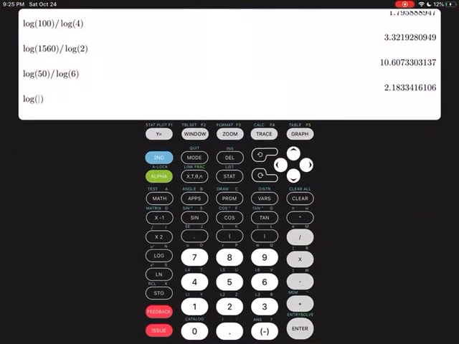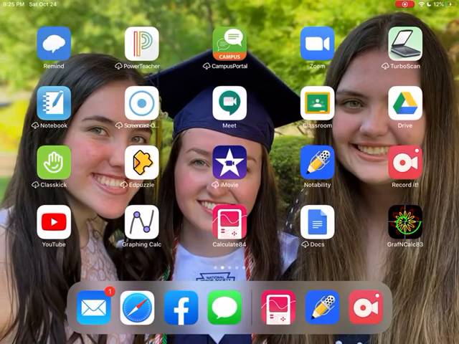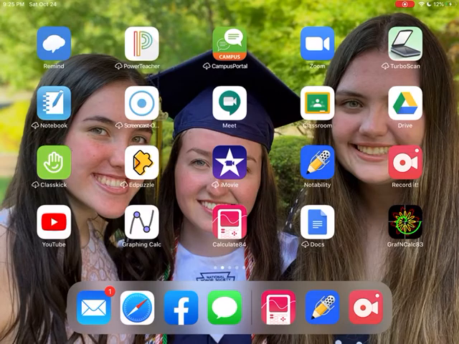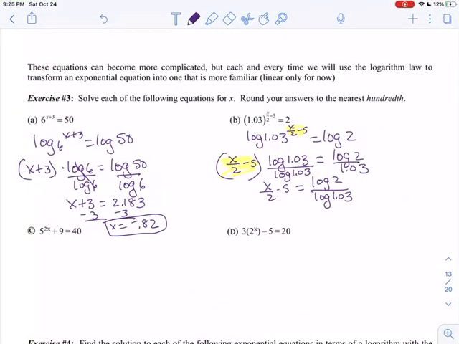I want all the logs on one side, so I divided by log of 1.03. Log of 2 divided by log of 1.03. You're using a calculator, so who really cares how big these get. Log of 2 divided by log of 1.03.